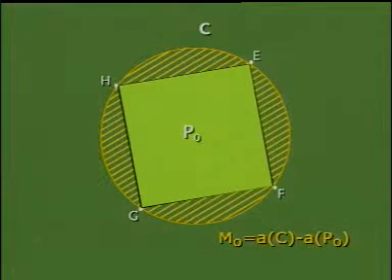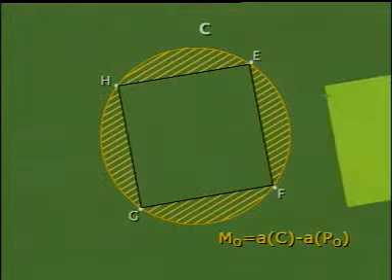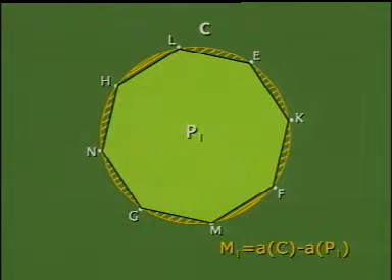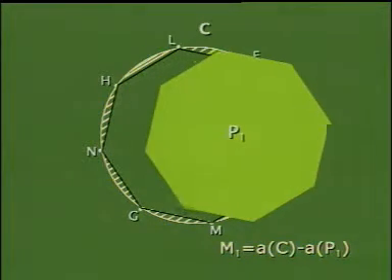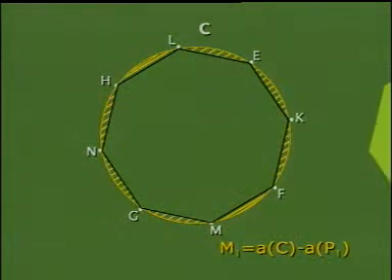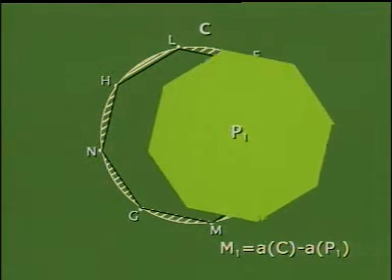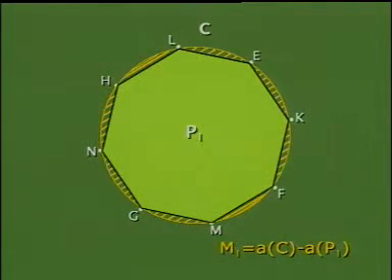Here, M0 denotes the area of that portion of the circle C from which the area of the square P0 is removed, and M1 denotes the area of that portion of circle C from which the area of octagon P1 is removed. So, M0 minus M1 will give us the area of that portion of the octagon P1 from which the area of square P0 is removed.